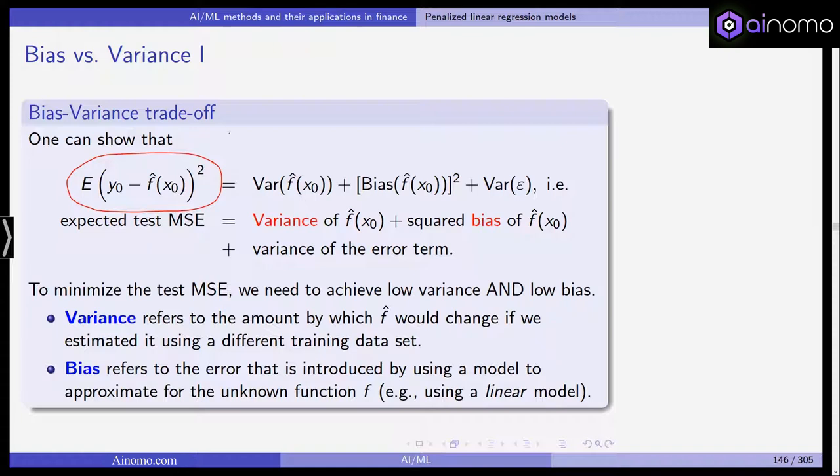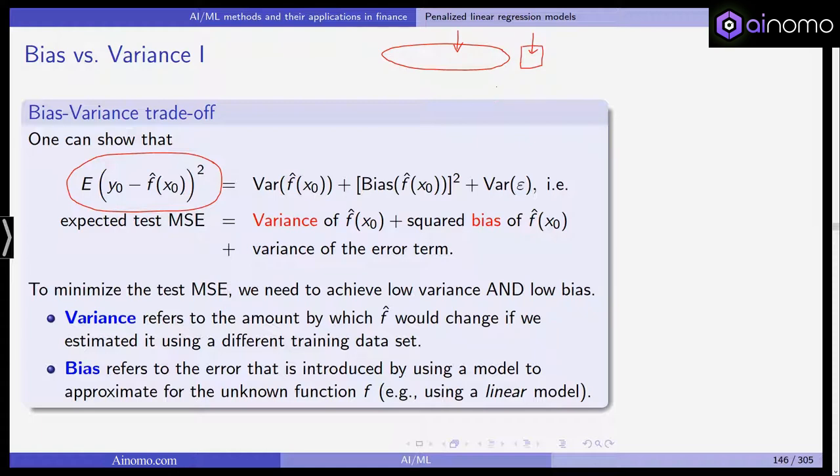Now, assume we have this data set and we have this test data observation. If we fit our model to this data set and we check the expected test mean squared error using this test observation, then obviously we get one mean squared error.